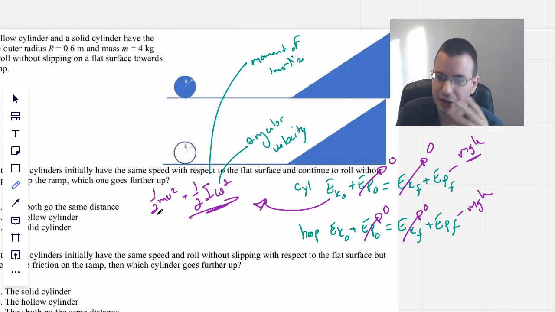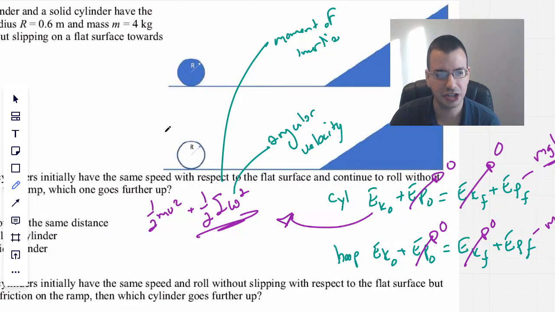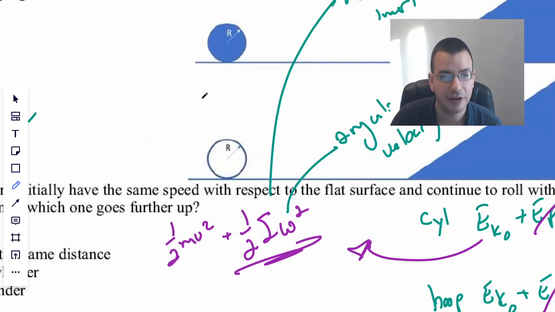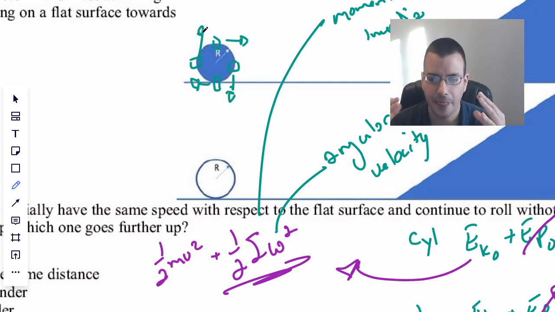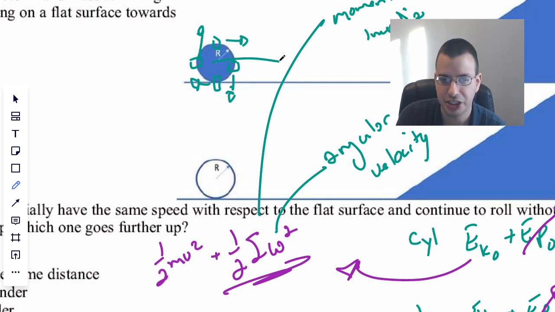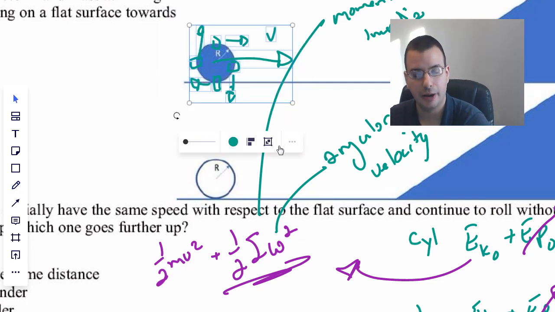You might be rebelling in your head because you're like, well, kinetic energy is just motion. And yes, that's true. But if you break this down into components and this is rotating, that small part is moving that way, that small part is moving that way, and you can break these all down into individual components. There's a lot of energy there that isn't captured by just the translational speed of the object.